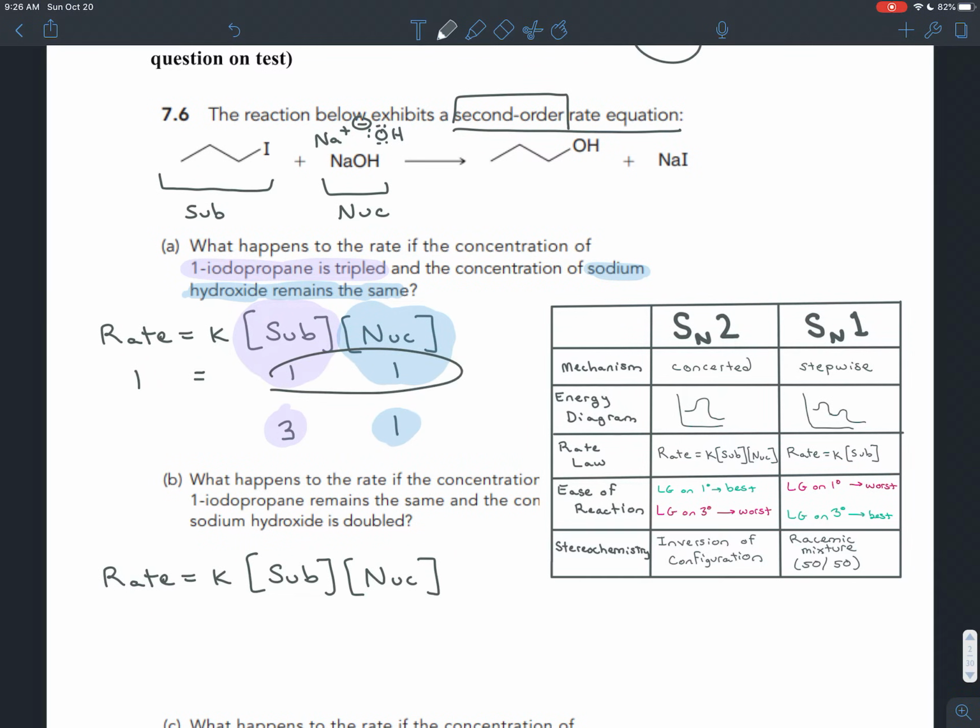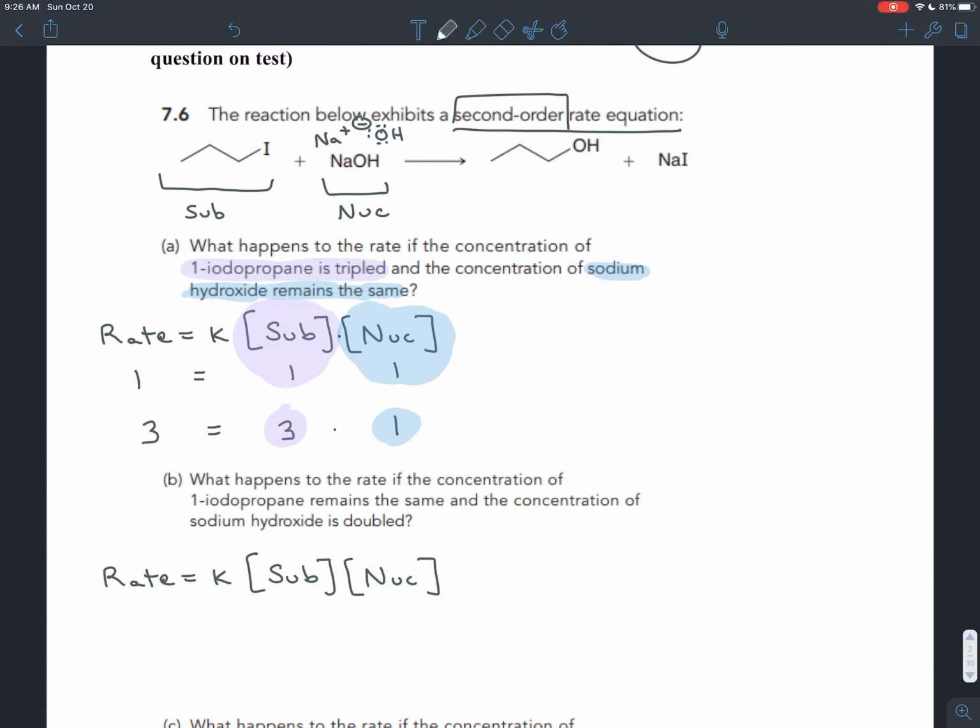So using this first example of everything being 1 allows us to think about tripling or staying the same in very clear terms. Well, you multiply these. And so if the concentration of the substrate tripled and the concentration of the nucleophile stayed the same, then the rate would triple. It would be 3 times 1, or 3. And you can see that that's 3 times larger than the original rate. So you would say the rate would triple.